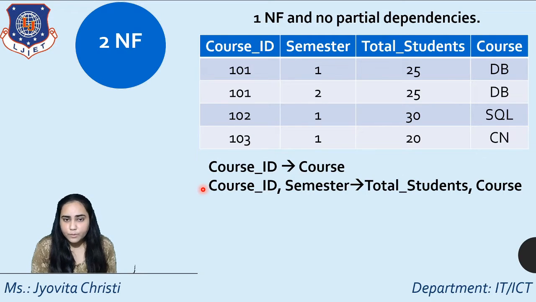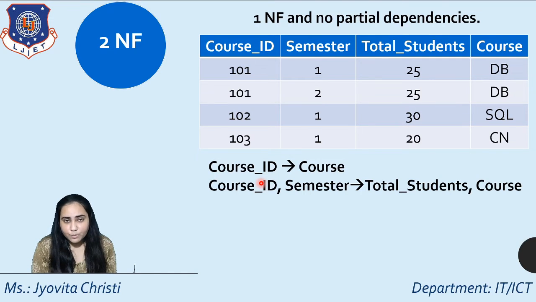And when you do so, you get a primary key which is formed by course ID and semester together because those values are unique. For example, 101 and 1 together are coming only once, and 101 and 2 together are coming only once. Each combination of course ID and semester is unique.